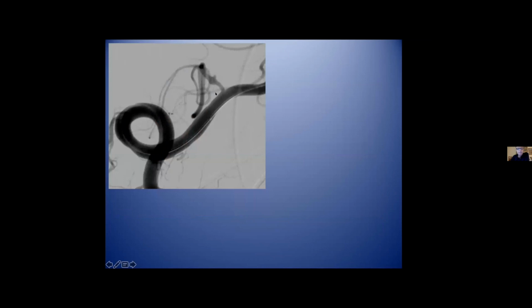I decide to treat it with cover with a balloon expandable stent, but to protect the moment of liberation, I place one balloon here. In working projection, you see the stent, you see the distal guide wire. When I remove the guide wire, there are many possibilities to remove also the stent.